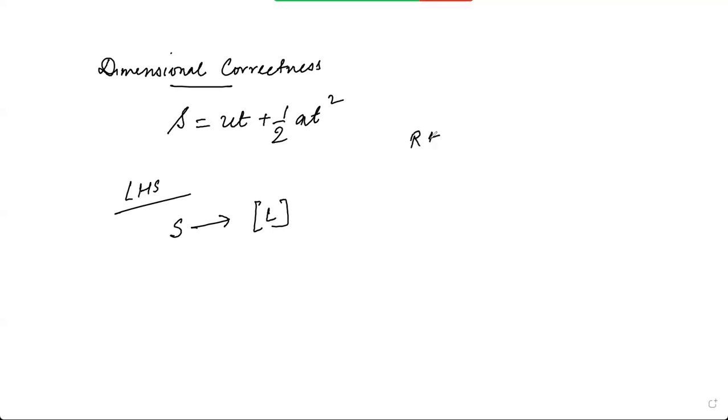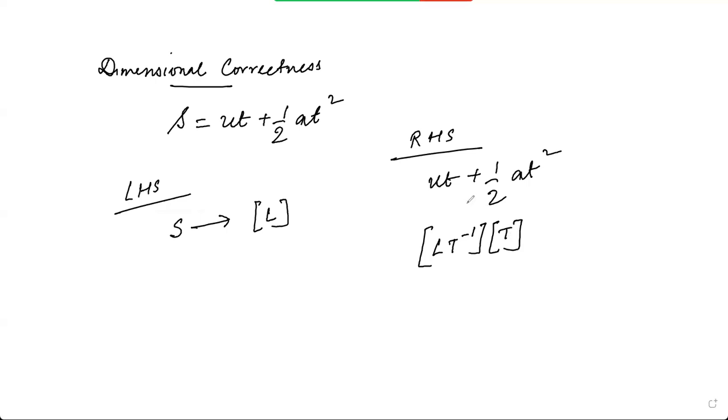Now RHS: ut plus half at square. U is velocity, so the dimension of velocity is L t to the power -1, and dimension of time is t. Plus, half is constant, so it will be neglected. Dimension of acceleration is L t to the power -2, and this is t square.